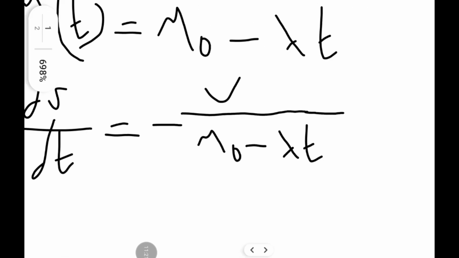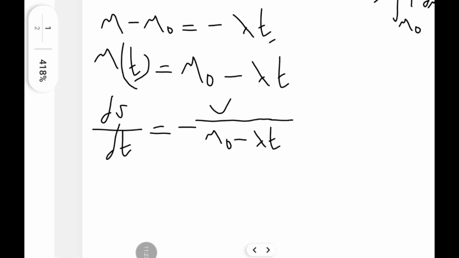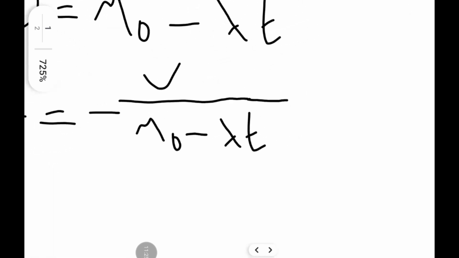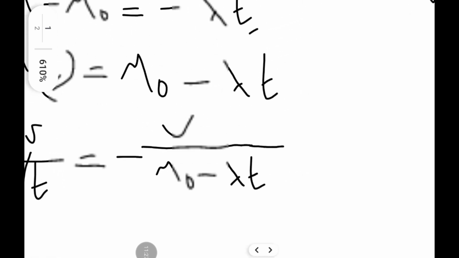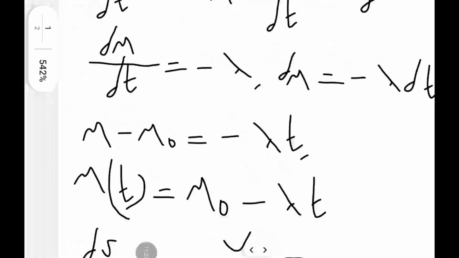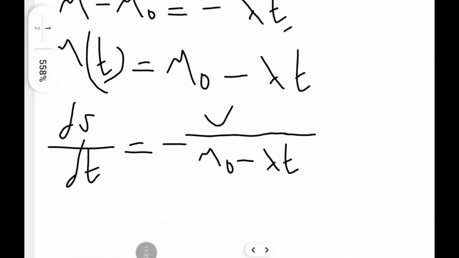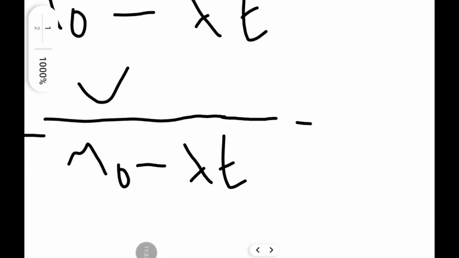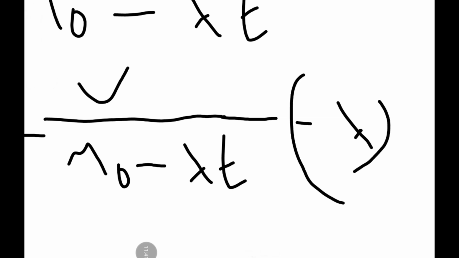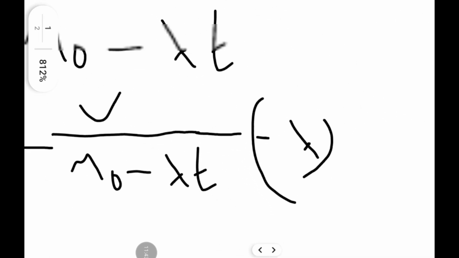And dm by dt is equal to negative lambda, remember we defined it earlier. So that's just times negative lambda, and then minus g.